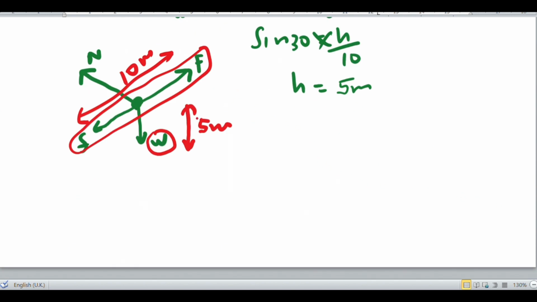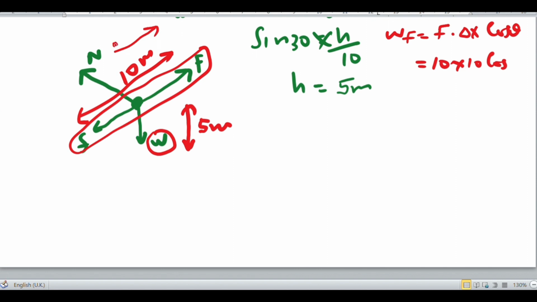Okay, now let's calculate the work done by force applied. It will be force applied times delta x times cos theta. The force applied is still 10, the displacement that goes with force applied is 10 meters, and since the object is moving up the incline, the angle here is 0 degrees.